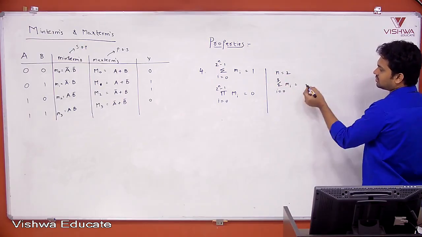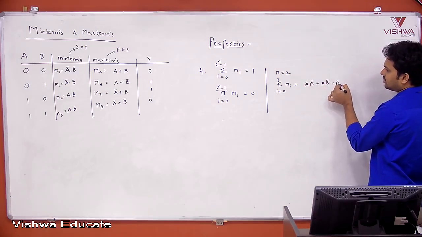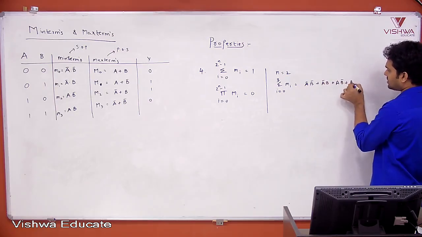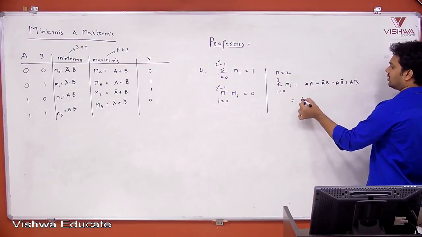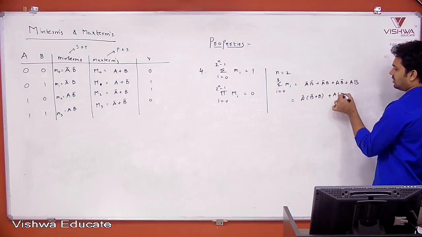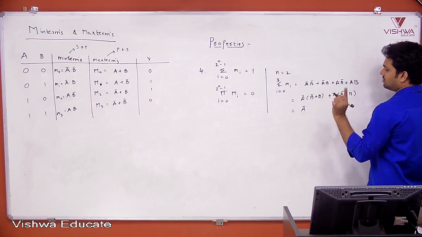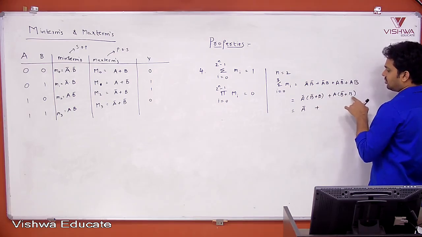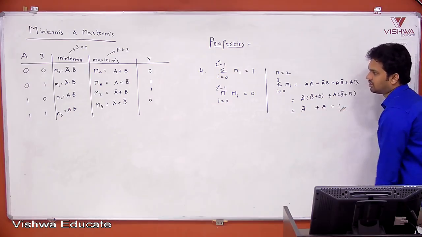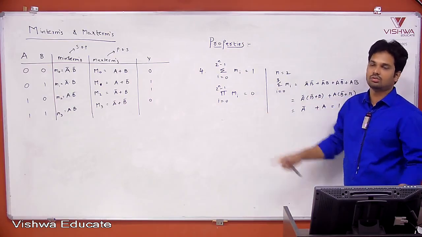Take all minterms: A bar B bar plus A bar B plus A B bar plus A B. Take A bar common here, B bar plus B. A common here, B bar plus B. A bar into B bar plus B is 1. A into B bar plus B is 1. What is A bar plus A? 1. Sum of all minterms is equal to 1. Product of all max terms is always equal to 0. Copy it.